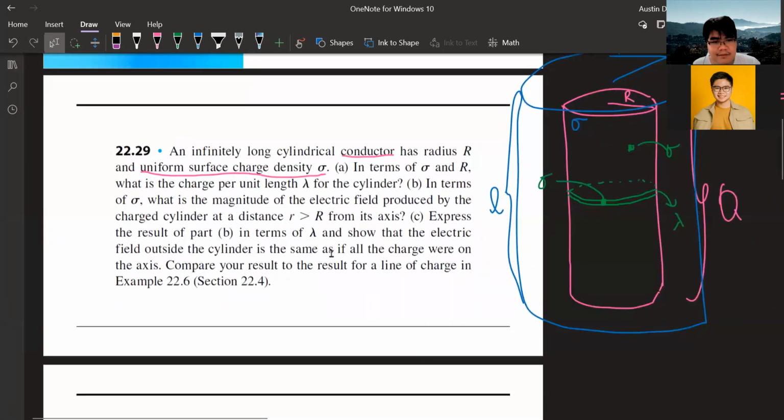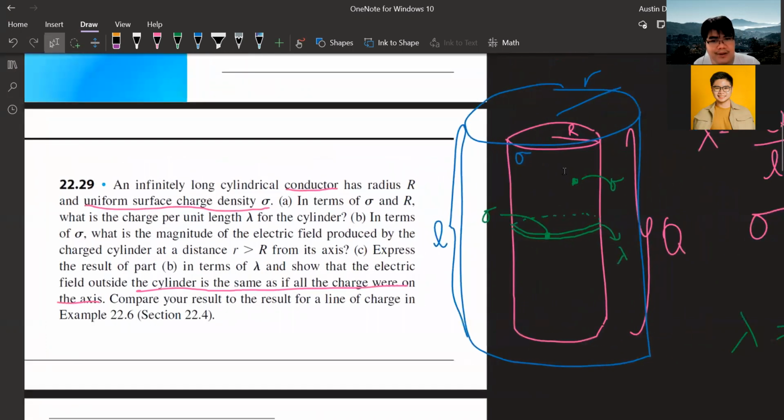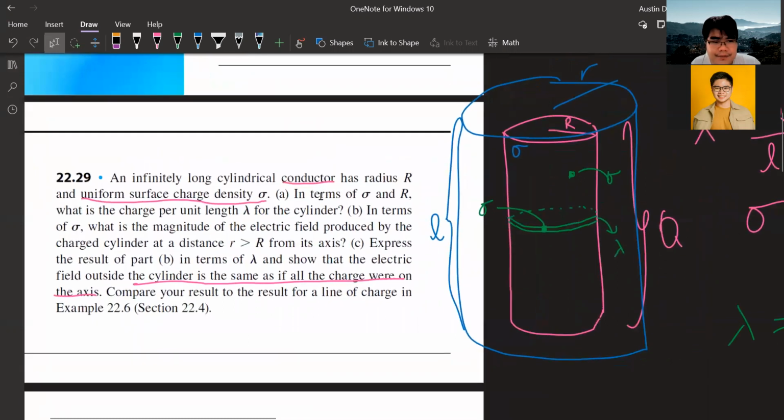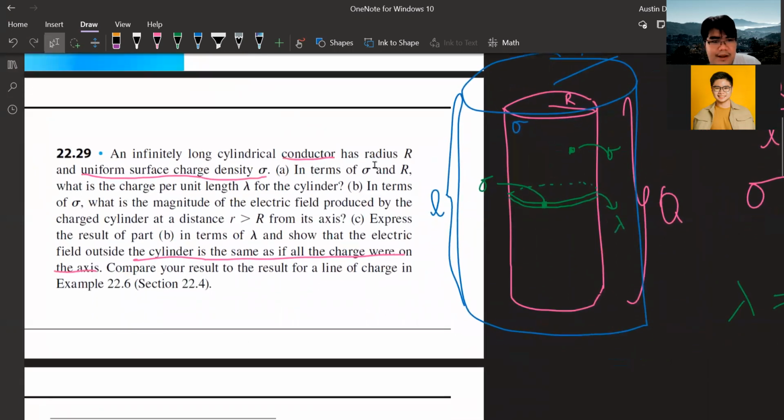Nasagot mo na yung part na to, kasi yung sagot natin kamukha nung infinitely long wire. Diba? So it would seem na sa mga ganito, it's as if yung charge were on its axis.